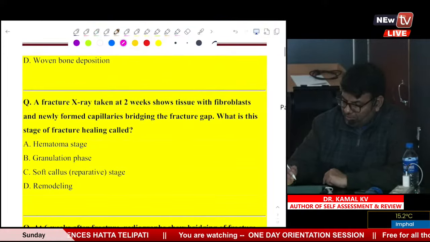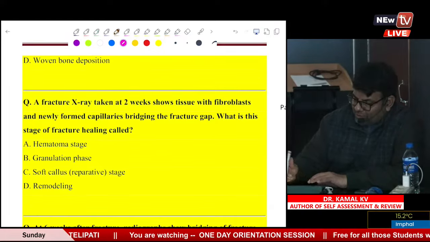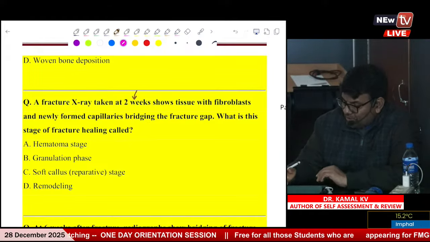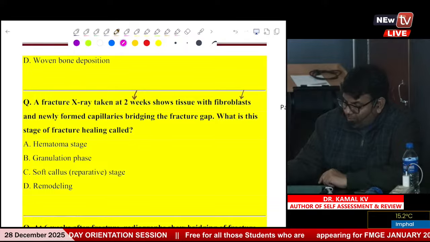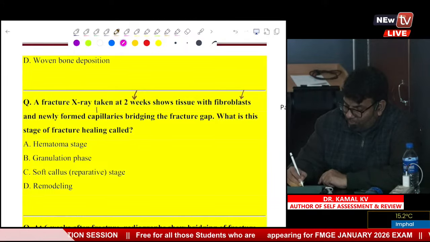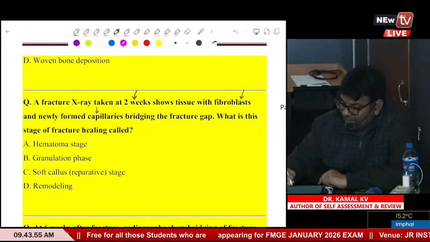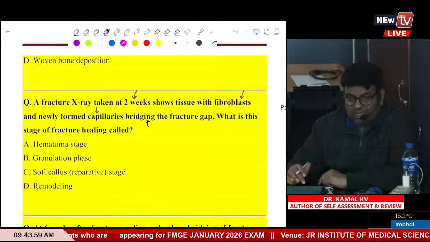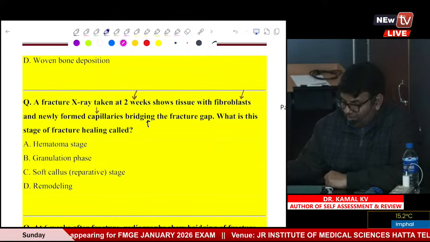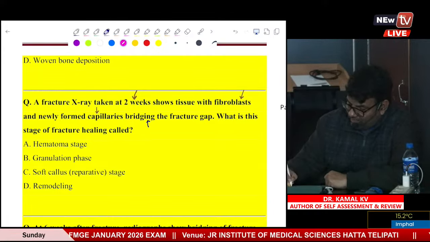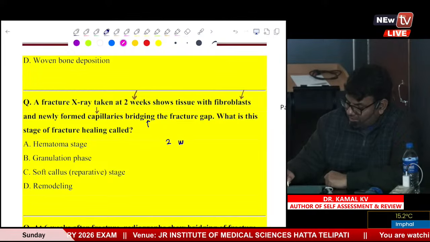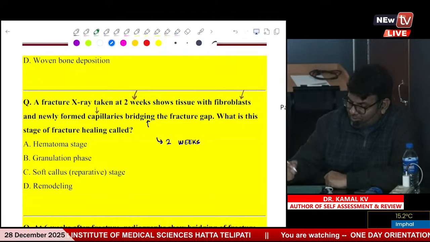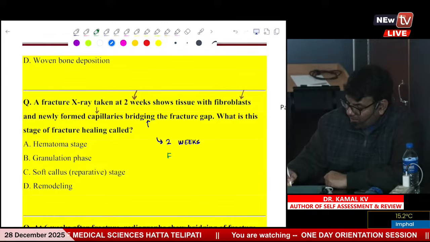Then next question, a fracture X-ray was taken at 2 weeks. It shows tissue with fibroblast and newly formed capillaries bridging the fracture's gap. What is the stage of fracture healing? Very good. So 2 weeks, right? 2 weeks time is given.